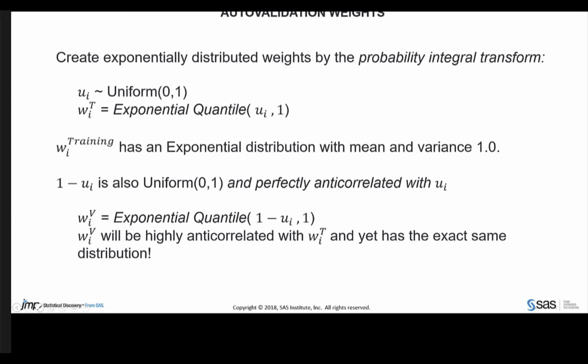Now, if u is uniformly distributed, then 1 minus u is also uniformly distributed, and it's perfectly anti-correlated with the original u. We can run 1 minus u through the exponential quantile function, and we will get another exponential random variable that is maximally anti-correlated with the original one that we'd created.